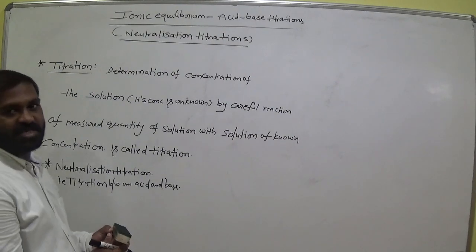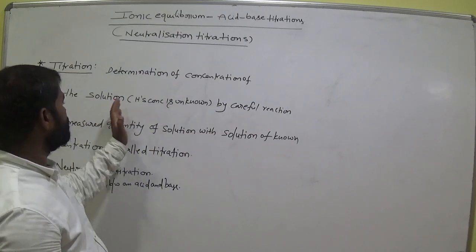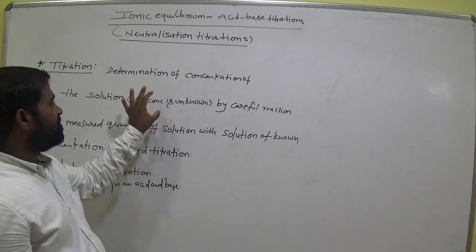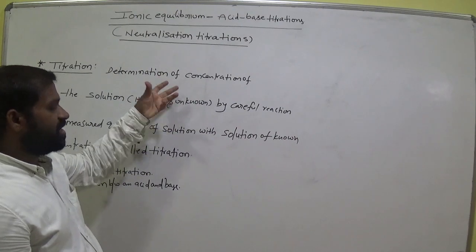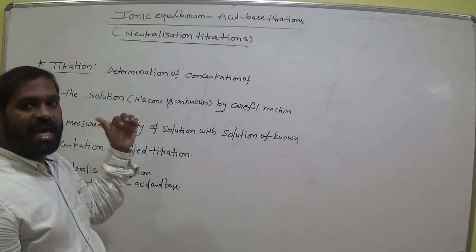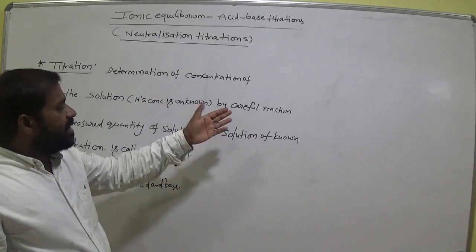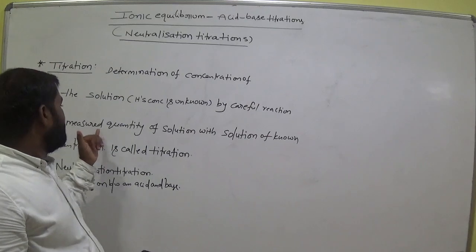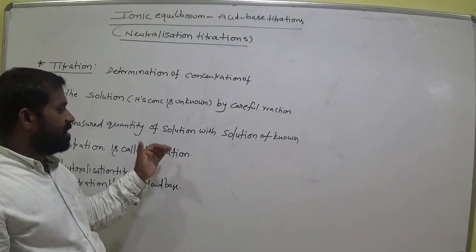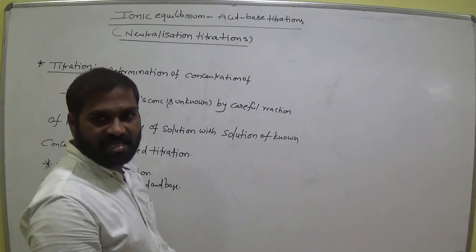So let's see the definition. What is meant by titration? Determination of the concentration of a solution whose concentration is unknown. We don't know the concentration of the particular solution. Now we need to calculate its concentration by careful reaction of a measured quantity of solution with a solution of known concentration. That is called titration.